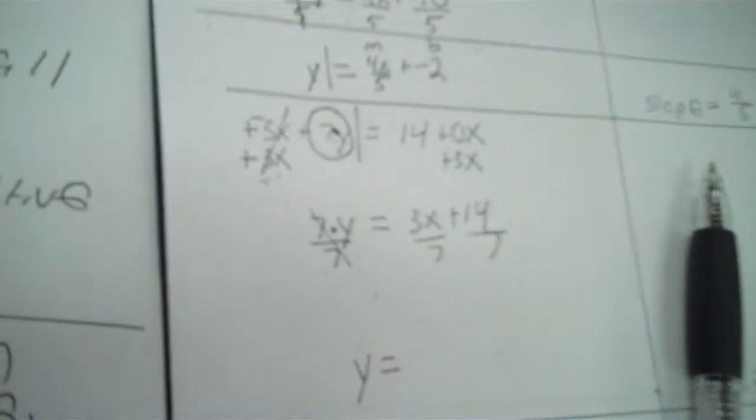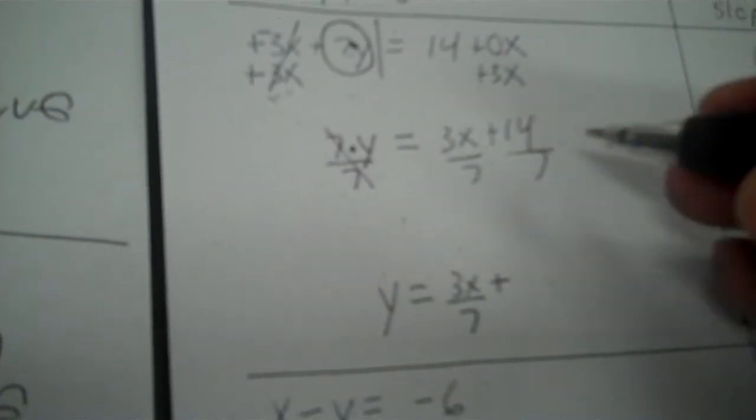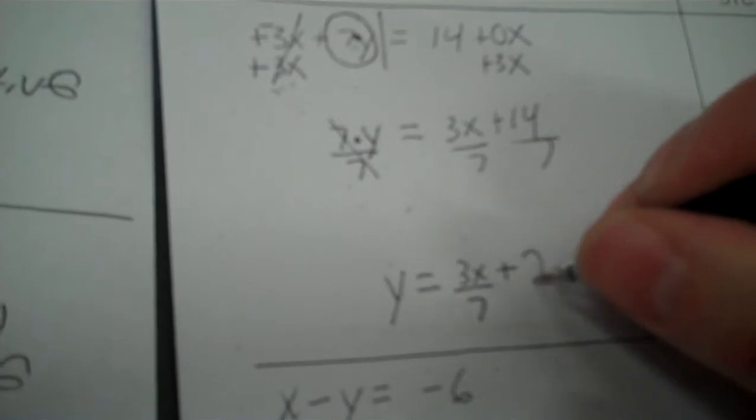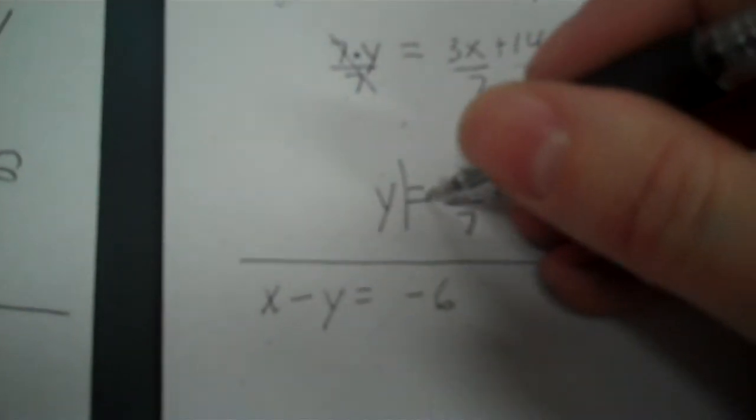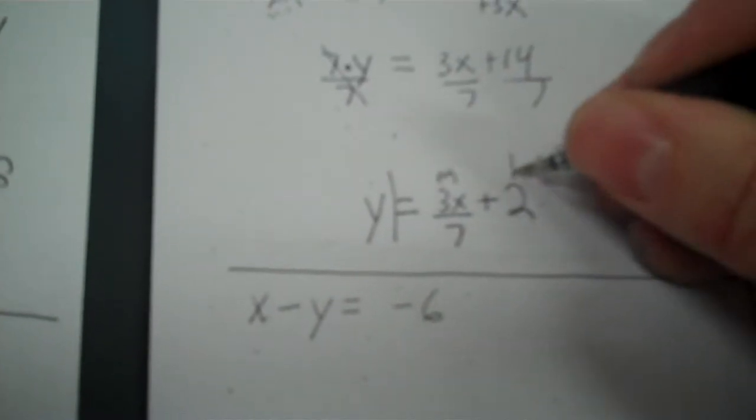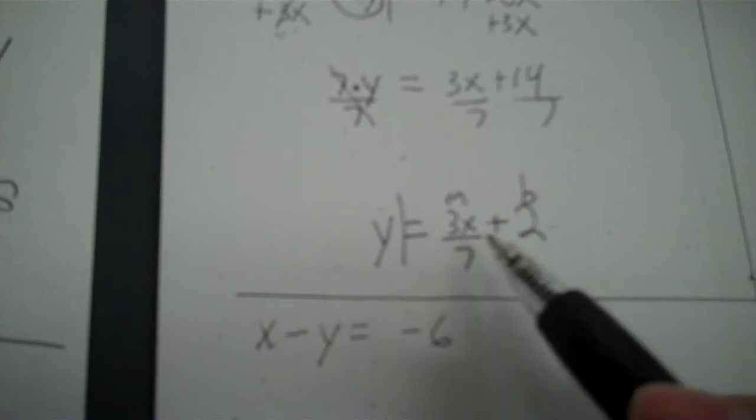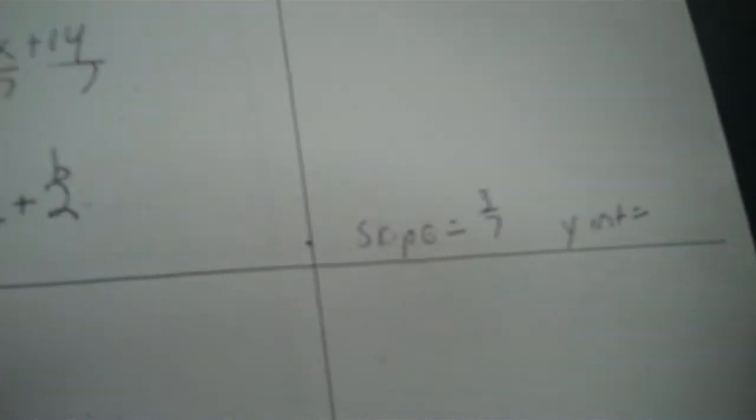Now I divide. 3 divided by 7, decimal, so you leave it 3x over 7. 3/7. 14 divided by 7 is 2. Okay? And now, mission accomplished. We have the y by itself. So y equals mx plus b. So the m is the slope, that's 3/7. The y-intercept is 2, positive 2.